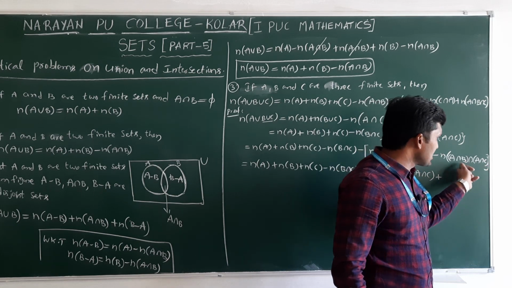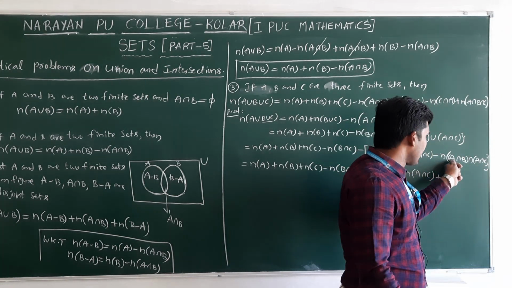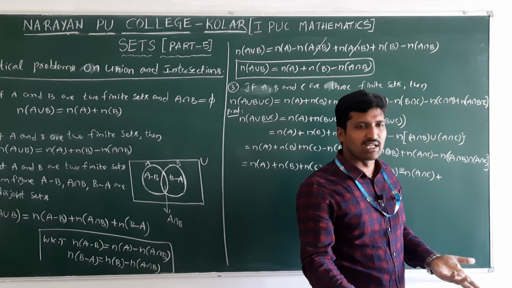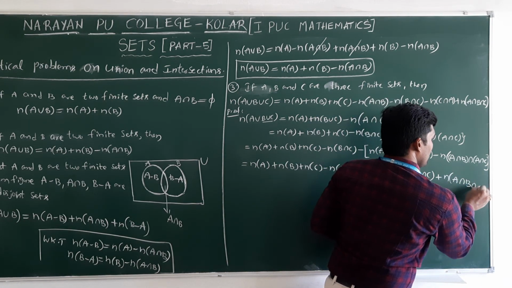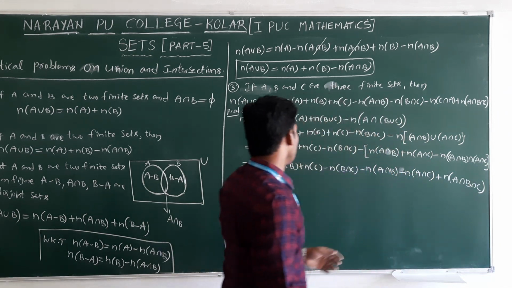Here all the symbols are intersection only. A intersection A, what will we get? A only. That's why finally we can write A intersection B intersection C as a value.